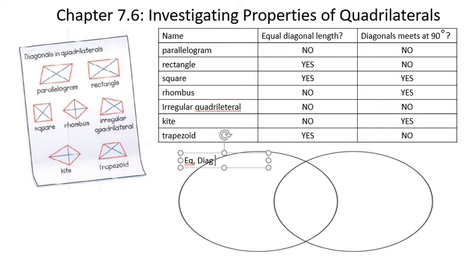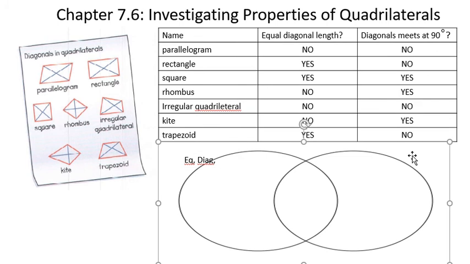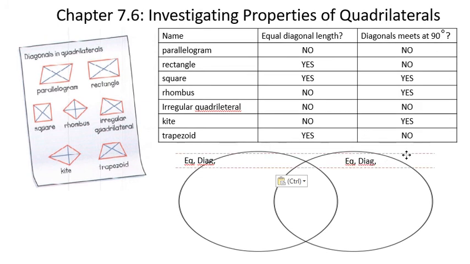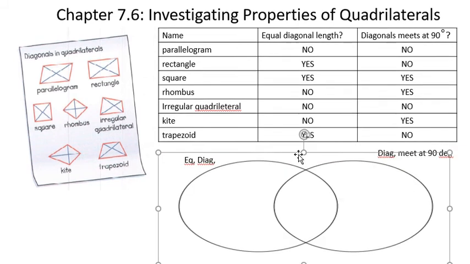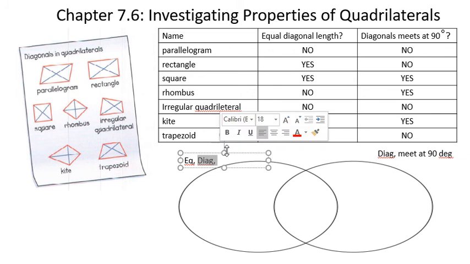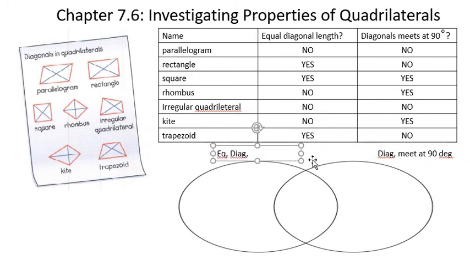And I'm going to call this one diagonals meet at 90 degrees. All right, so we have our two labels for our Venn diagram.